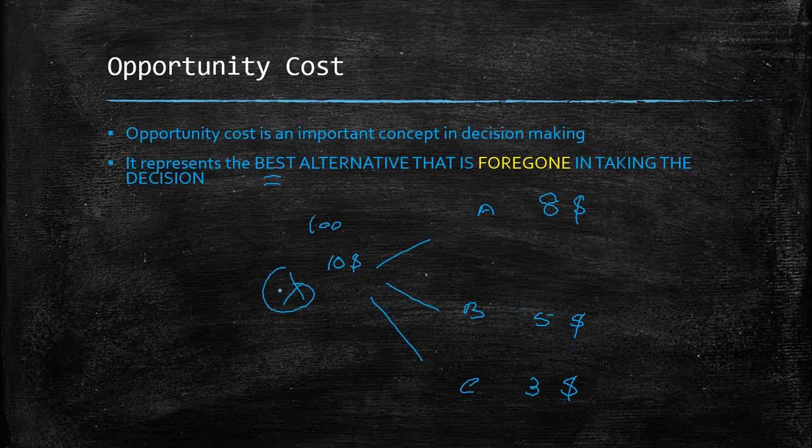But let's assume we have only 100 units of raw material, and the king or sheikh of Dubai is asking your company to manufacture product C. When the sheikh of Dubai asks, you can't refuse it.